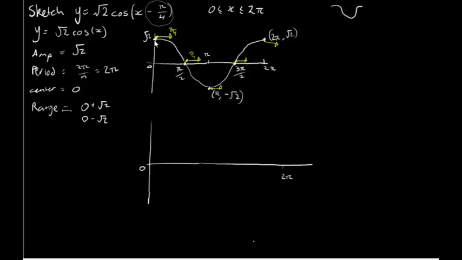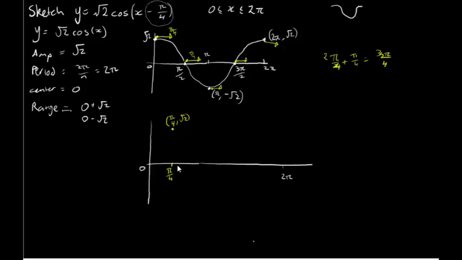So my maximum point here is going to be still at square root 2 because I haven't moved up, but it is now at pi on 4. So that's the coordinates of that first point. It's moved across. This second point here, we have pi on 2 plus pi on 4. So think of it as 2 pi on 4 plus pi on 4, which is 3 pi on 4.